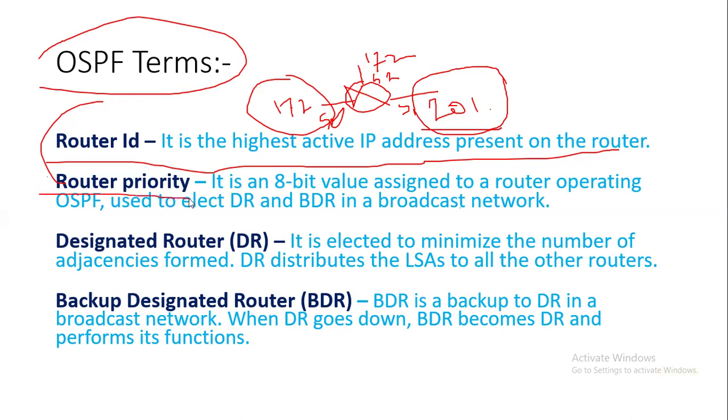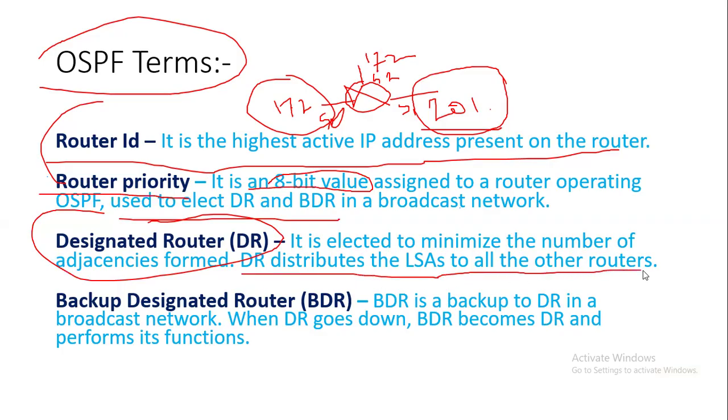Second is router priority. That is an 8-bit value, used while electing the DR and BDR, that is the designated router and backup designated router, for the broadcast network. And what is the designated router? If you configure a DR in the OSPF area, it will be used to distribute LSAs to all other routers.